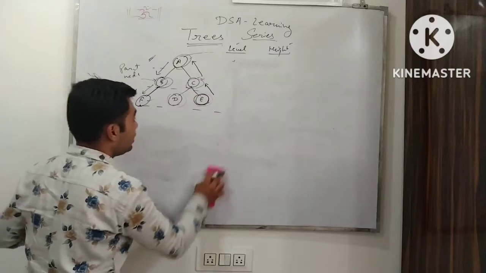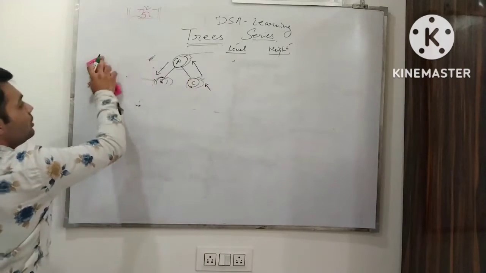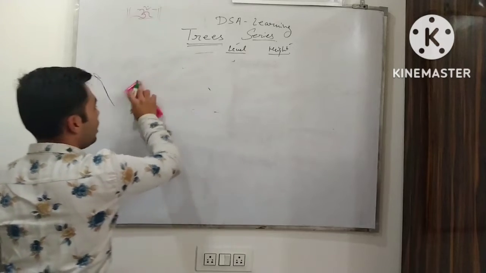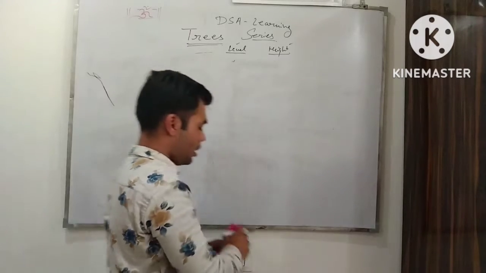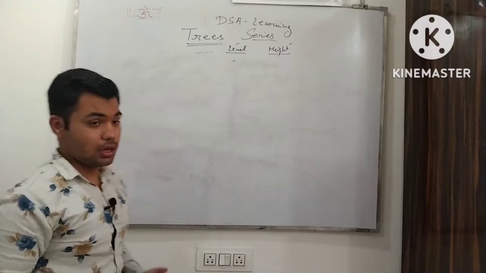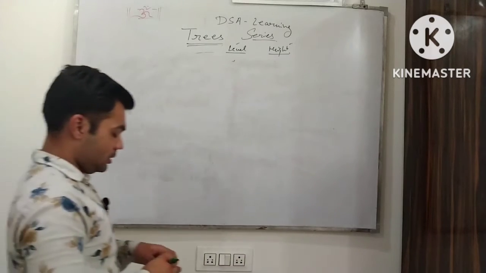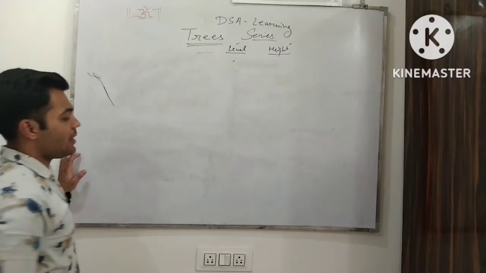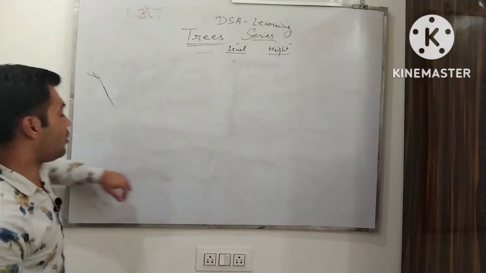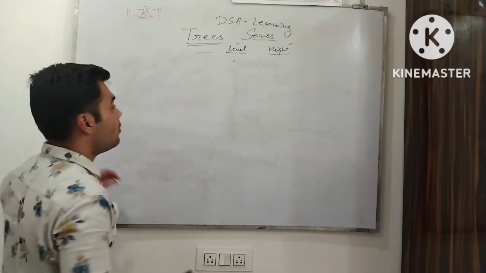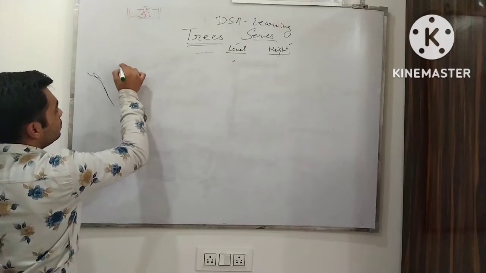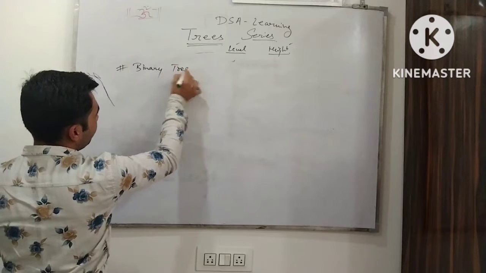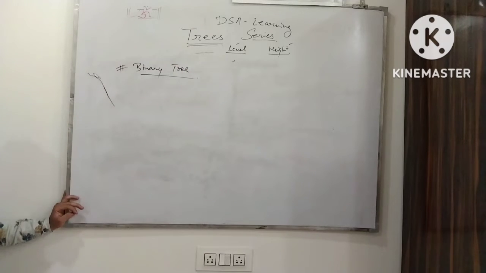now we are going to study what the binary tree is. This is the most important topic in the trees, how the binary tree works, what its logic is, and how we can access the data through a binary tree. So the concept is binary tree. So what is a binary tree?